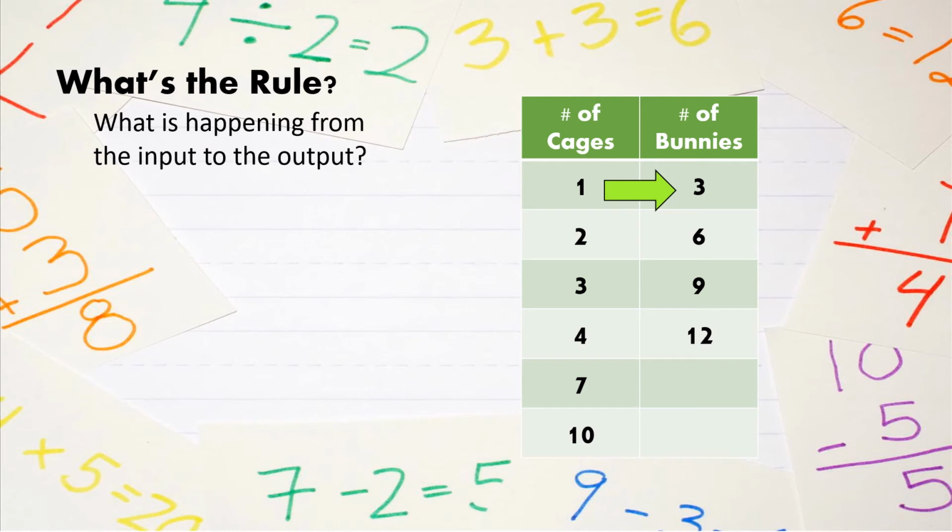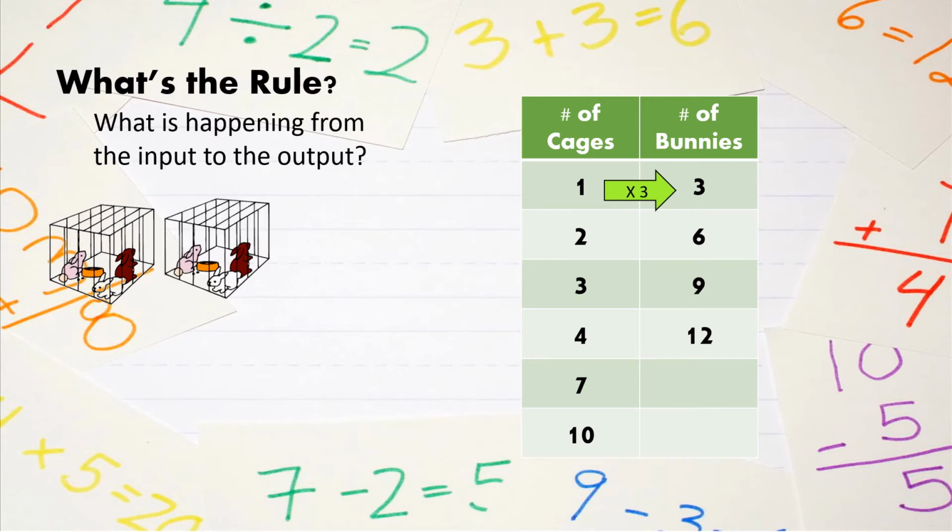So now let's take a look at the input-output of a number of cages and a number of rabbits. So if I have a cage, and for every cage I have 3 rabbits. If I had 2 cages, then that would tell me that I would have 6 rabbits.